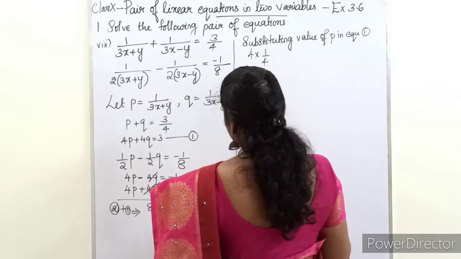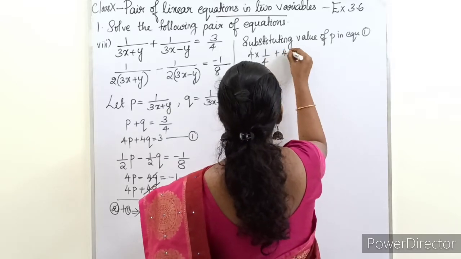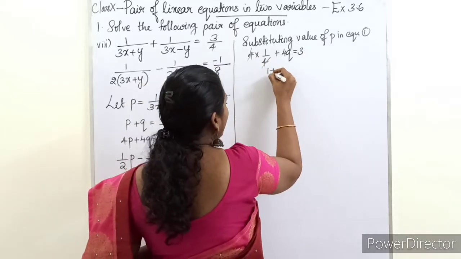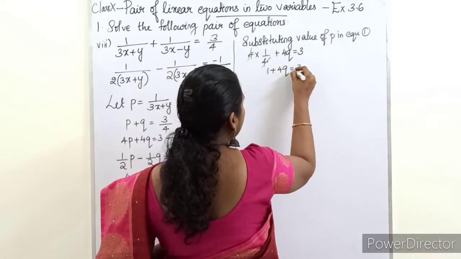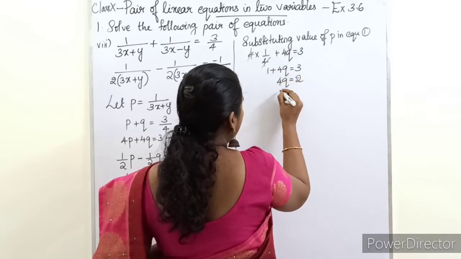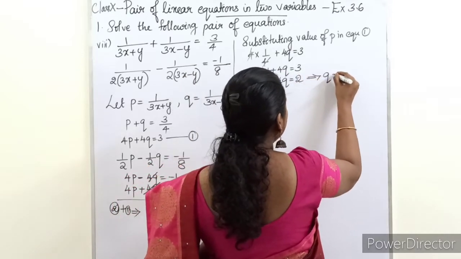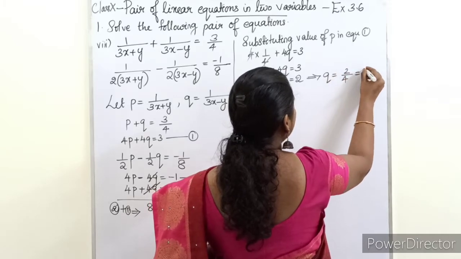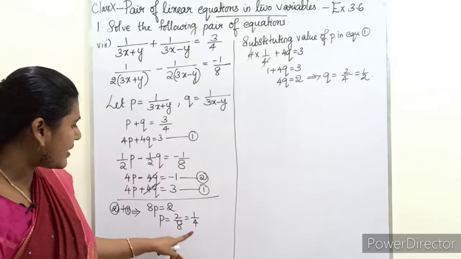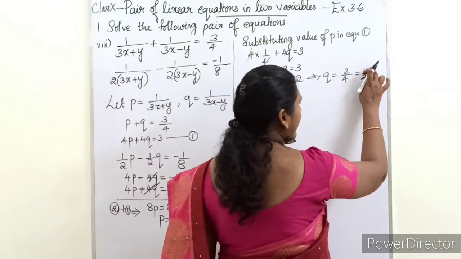So 4 into 1 by 4 plus 4q is equal to 3. So here we can cancel. 1 plus 4q is equal to 3. So 4q is equal to 3 minus 1 is equal to 2, which gives q is equal to 2 by 4 is equal to 1 by 2. So we got the value of p as 1 by 4 and q as 1 by 2.